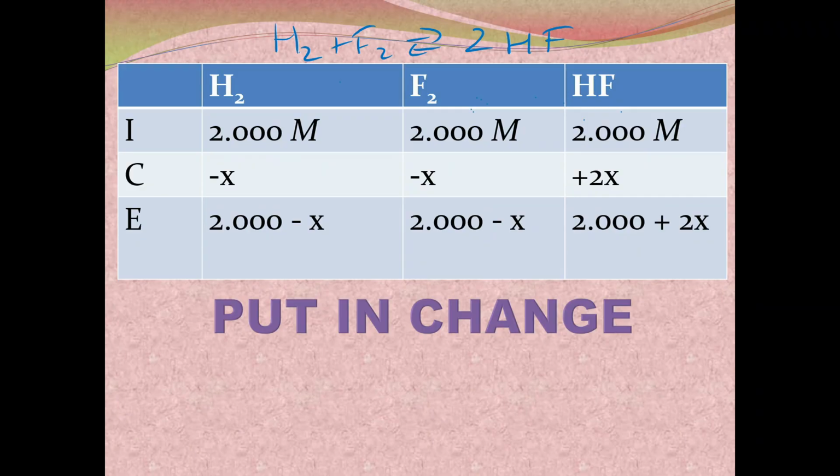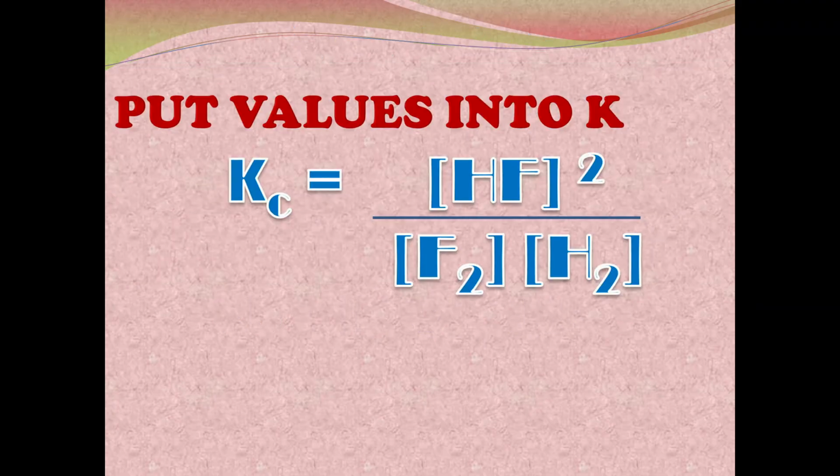I have two cheats. The first one is this perfect square. There will be another cheat that we can talk about, which will be very useful when we get into chapter 16. And you can always apply one of those cheats to a problem I give you. So now I have Kc equals HF squared divided by F2 times H2.